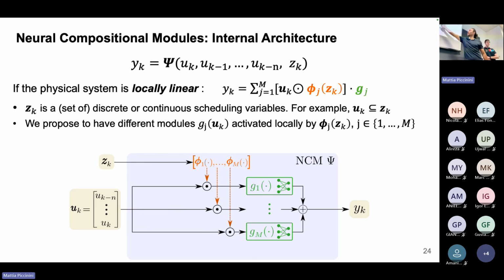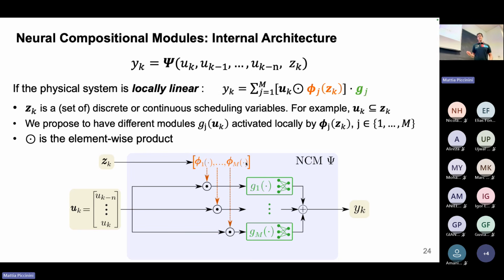Each model here tries to fit a specific gear of the car. So this is an activation function that activates for the first gear, second gear, third gear. So indeed, we can also have different gears. But the idea is to use different activation functions to activate each of the models.